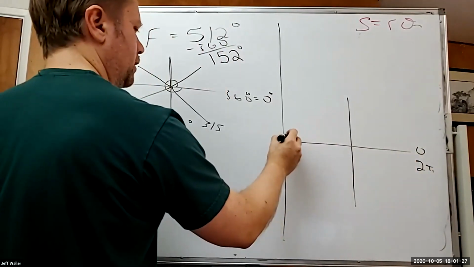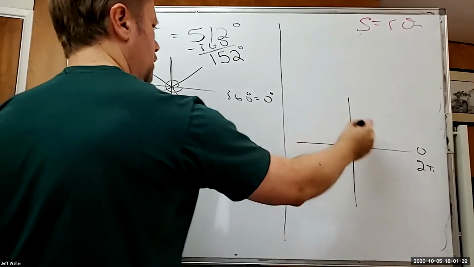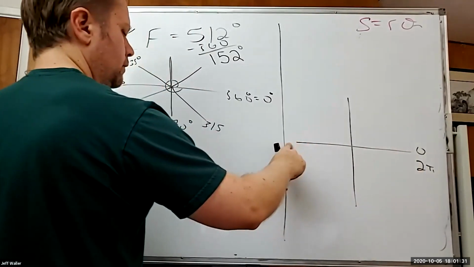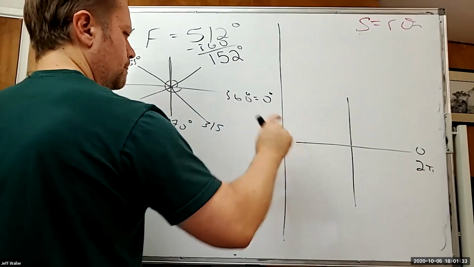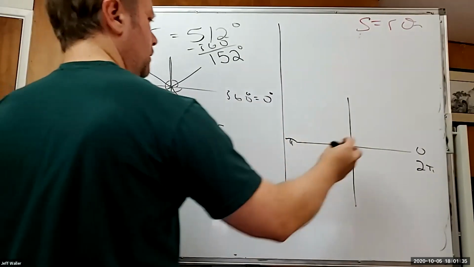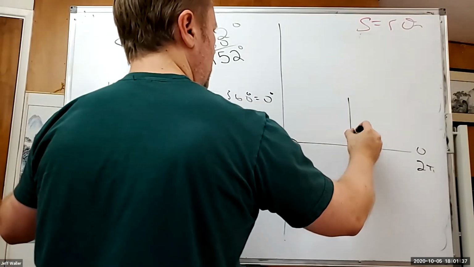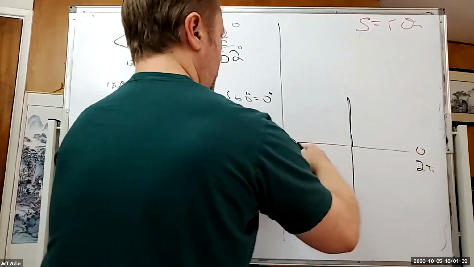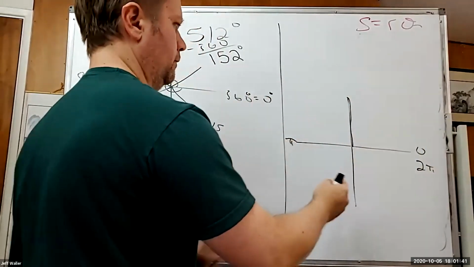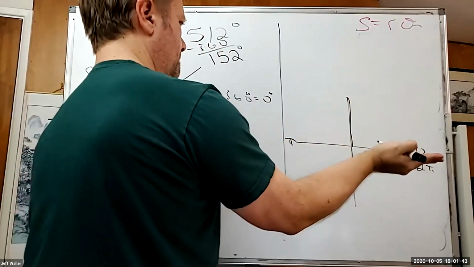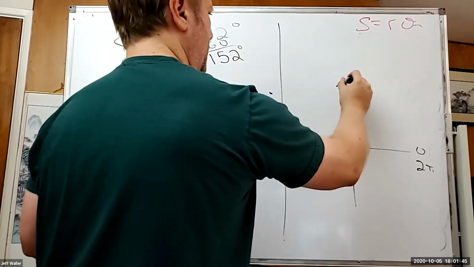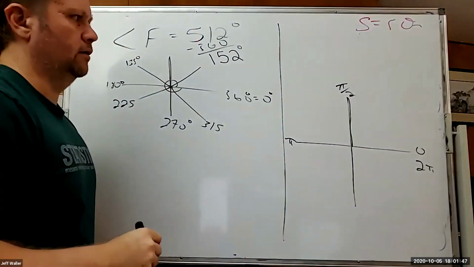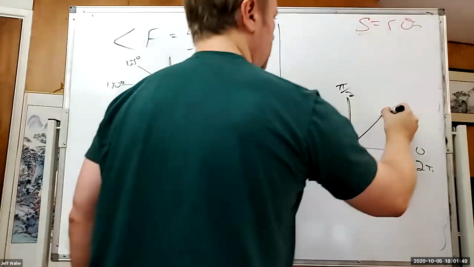All the way around is 2 pi. This is pi. And this has to be what? 0 to pi, so this has to be half pi, pi over 2. And this we just talked about a minute ago, right down the middle.